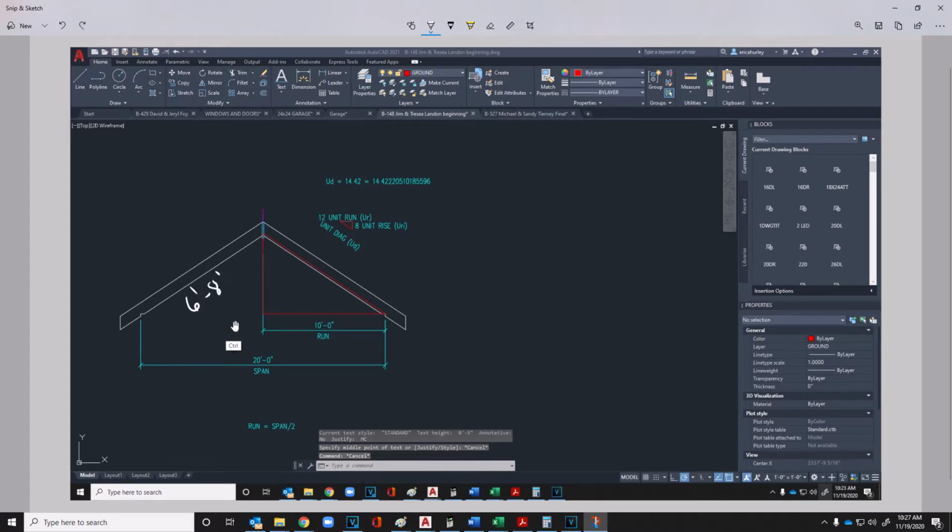Let's write it this way: 6'8". And that is our rise, from this point to that point. Now we're trying to figure out what our total diagonal is. Using this god-awful number here, I can figure out what this is going to be.